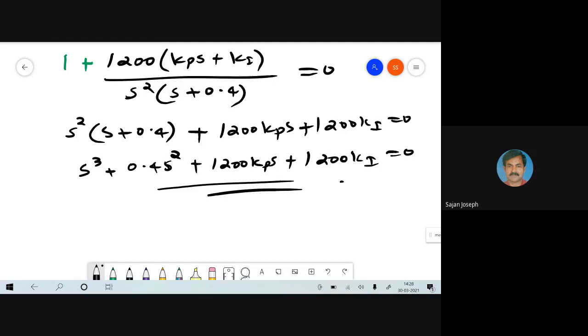And now, what do you think? Can you control a system with such a characteristic equation by tuning the controller parameters? What are the controller parameters here?